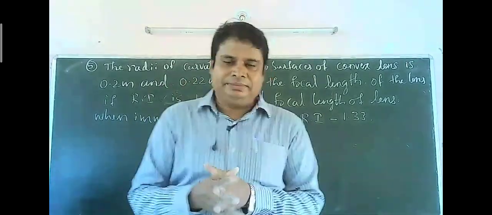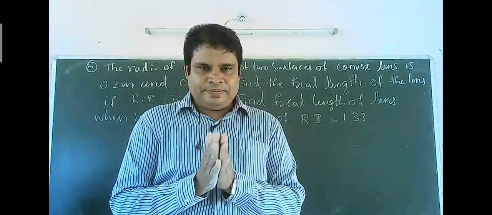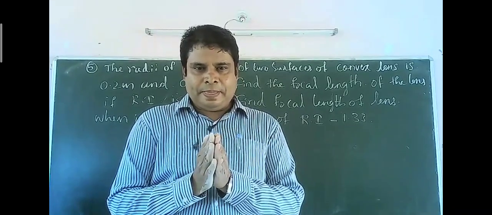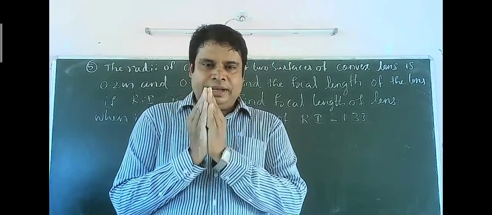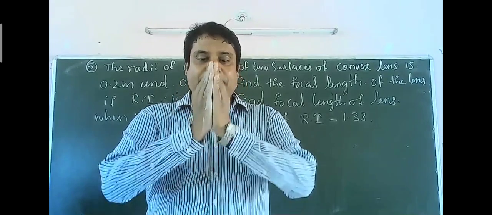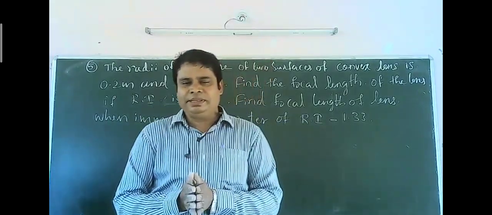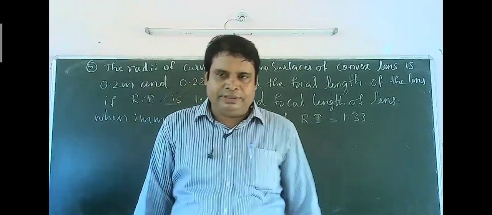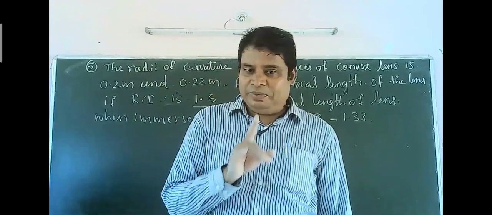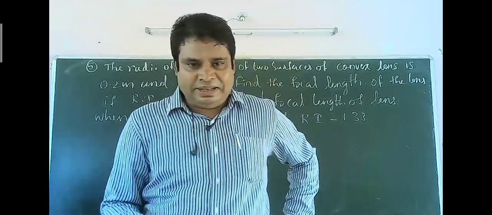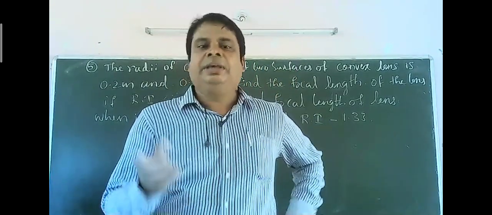Here you have to find the change in focal length. First case, the focal length of the lens when it is kept in air. Second case, when the same lens is immersed in water. Immersed means put inside the water. In the second case, the rarer medium will be water and the denser medium will be glass.